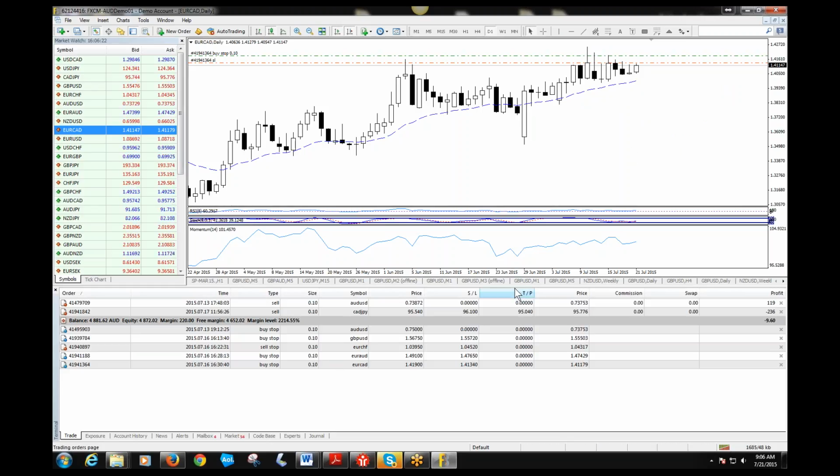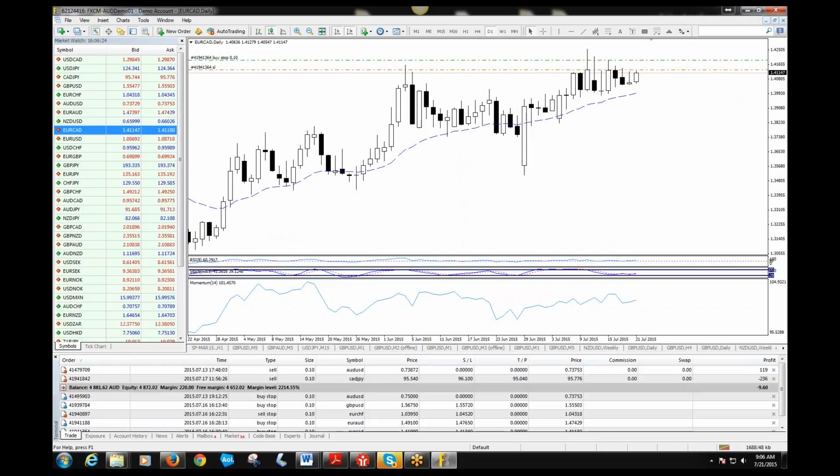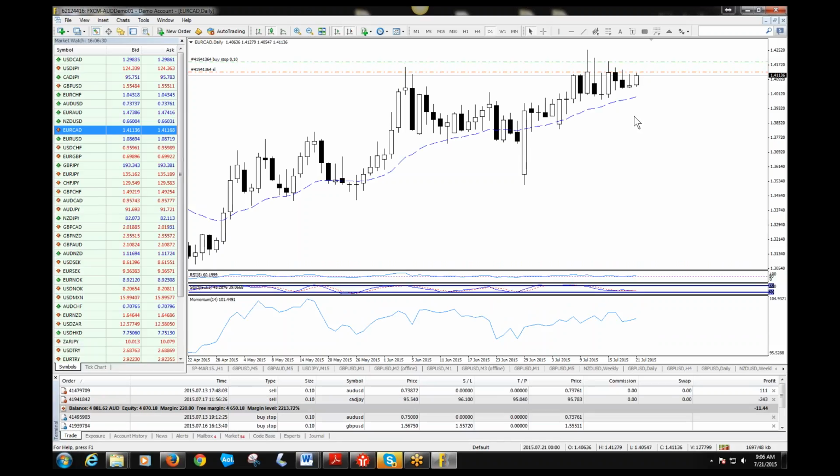So what I want to do now is go back through the daily charts and see if there are any new trades. Because we're not doing this at the beginning of the day, what we're looking for, this was yesterday's candle, this one.